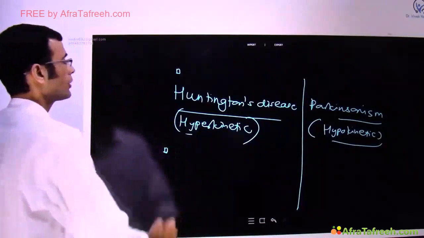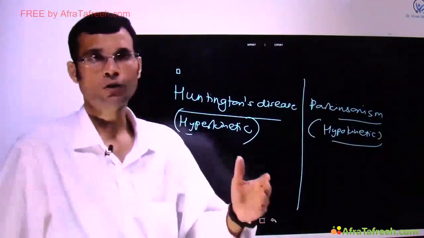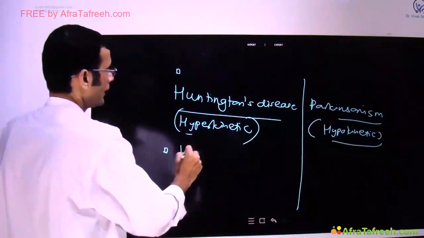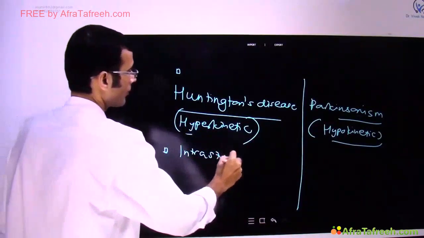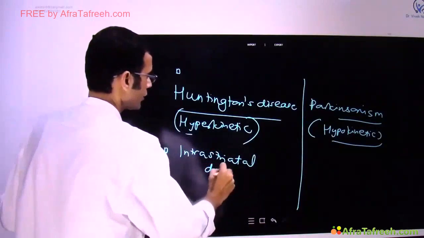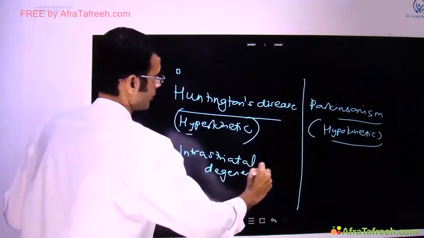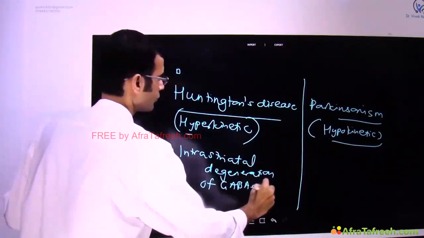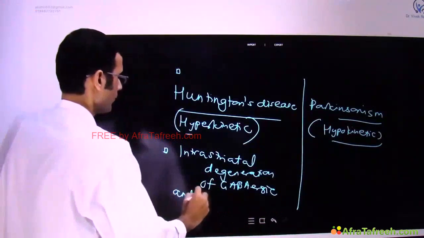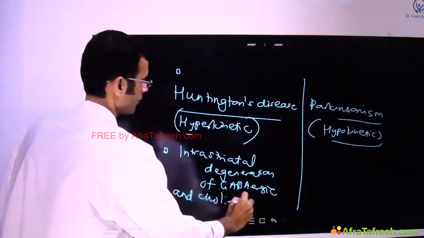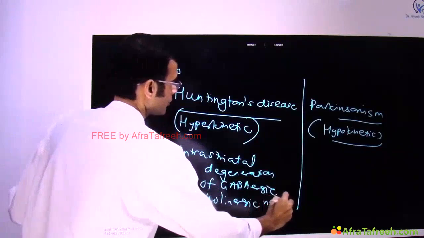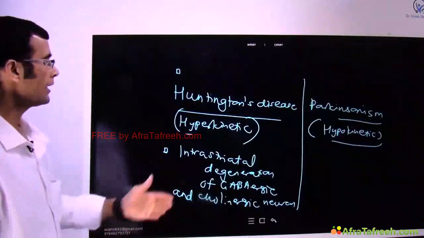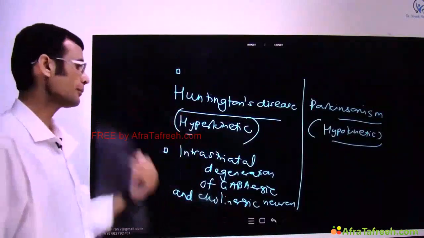The basic defect in Huntington's disease is intrastriatal degeneration of GABAergic and cholinergic neurons: the GABAergic neuron going from striatum to the pallidum, and the cholinergic neuron going from striatum to the substantia nigra.